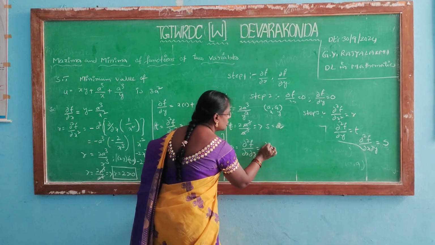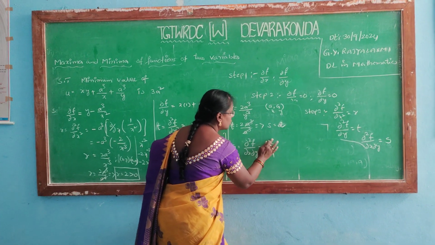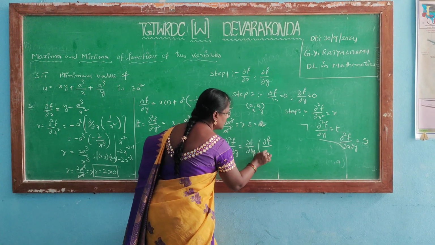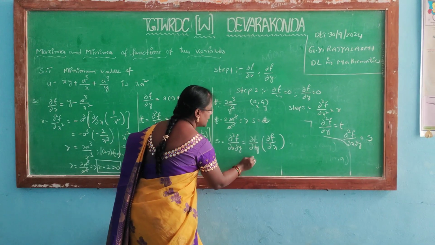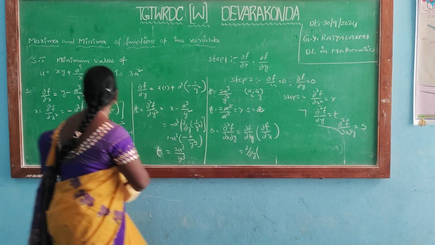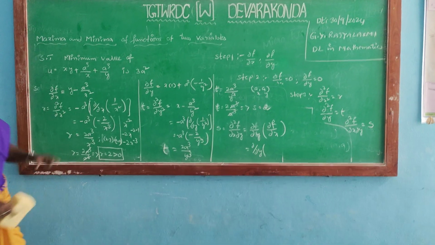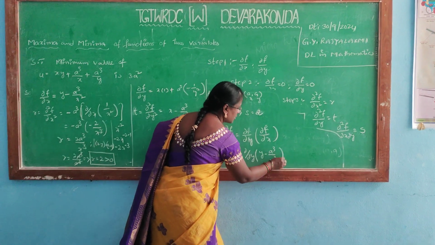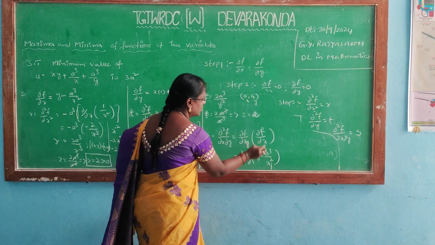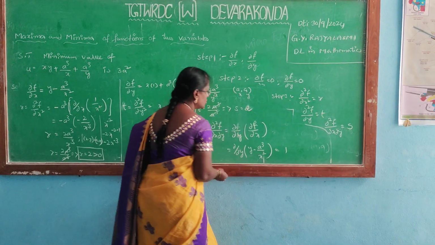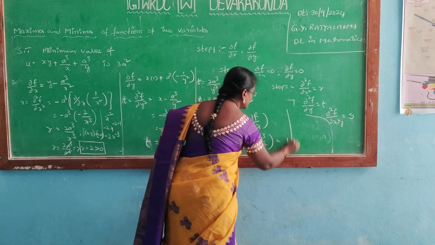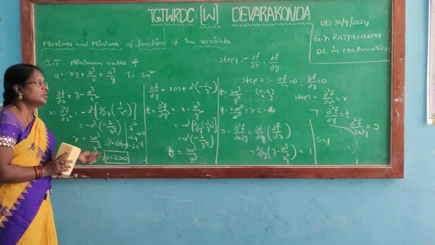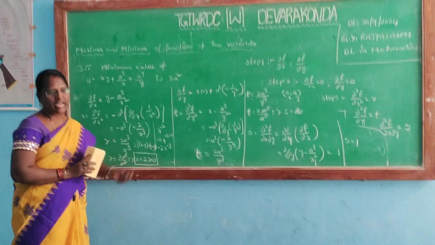So I am taking ∂/∂y of ∂f/∂x. ∂f/∂x is y minus a³/x², and with respect to y the answer is 1. So finally s equals 1.